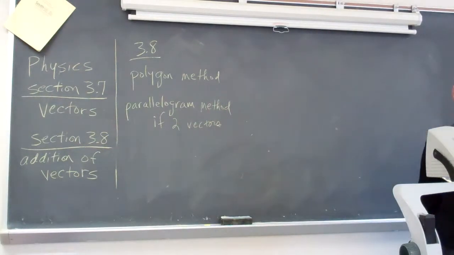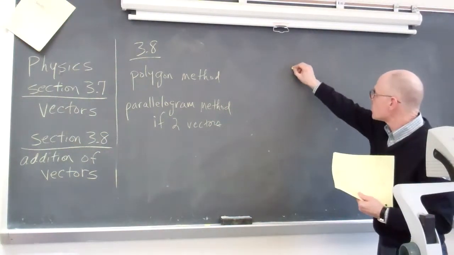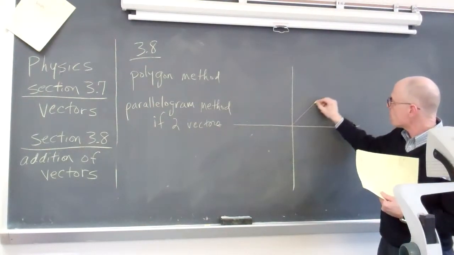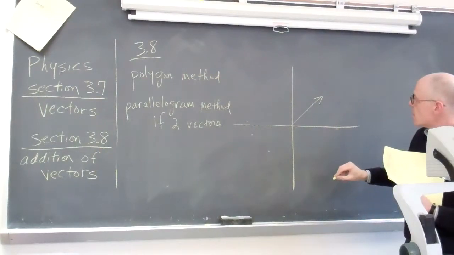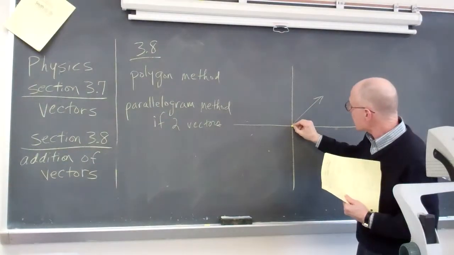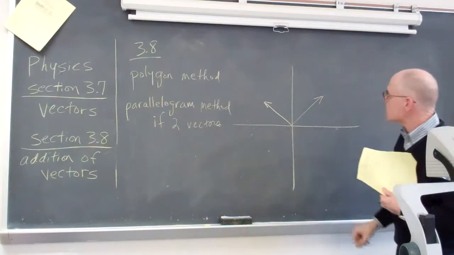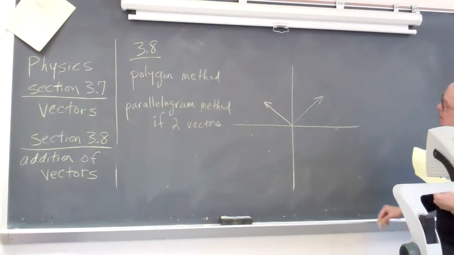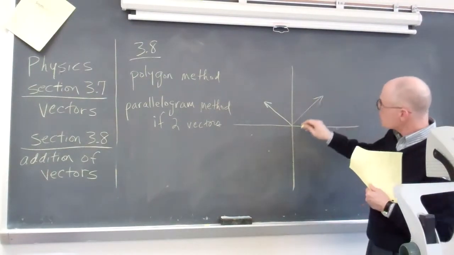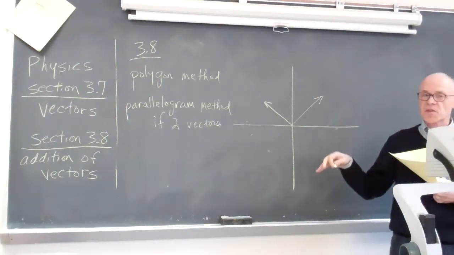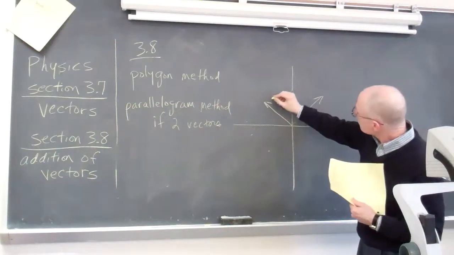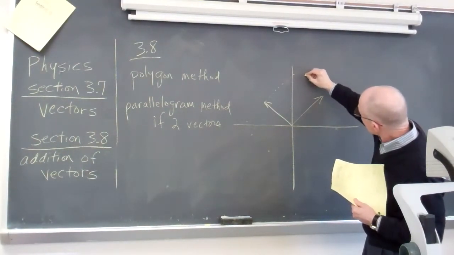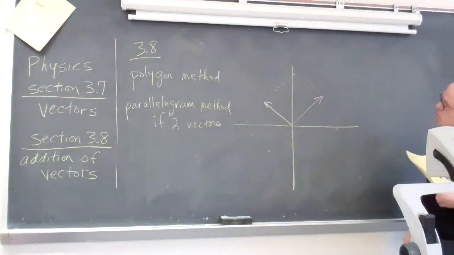The parallelogram method is only used if you have only two vectors you're adding together. So this one goes something like this. Let's say you have two vectors. One vector is like this, and the other vector is like that, and you want to add them together. It's called a parallelogram method because essentially you imagine these two vectors as the sides of a parallelogram, and you're completing it and imagining that it is a closed figure.